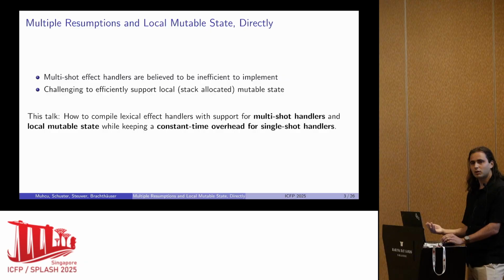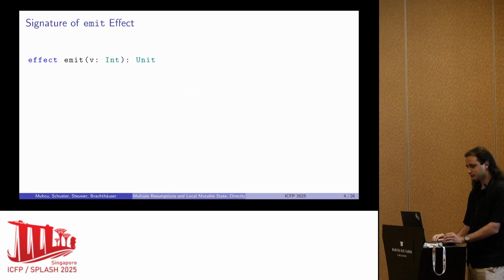And then in this talk, I will present the compilation of the effect language that supports multi-shot handlers and local mutable state, while keeping a constant time overhead for single shot handlers, which are the most common form of effect handlers. Okay, let's first look at a few examples.